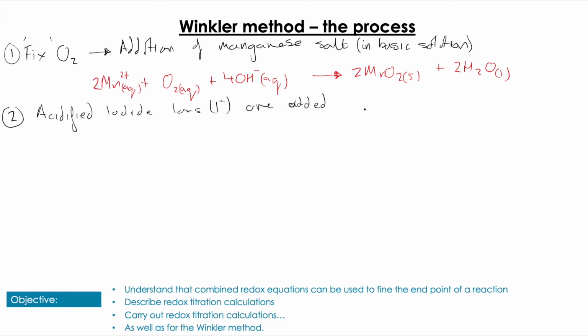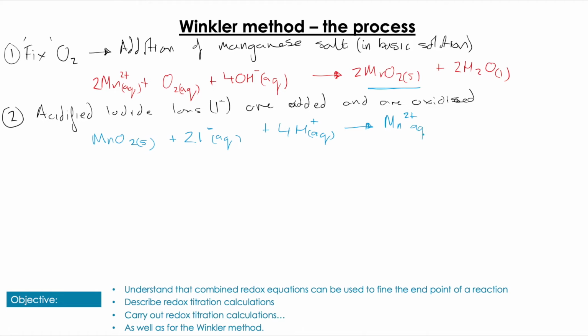So now we have a solid precipitate in the form of MnO2. We're going to add acidified iodide ions. And what these are going to do is react with the MnO2, and they're going to form I2, which is of course brown in aqueous solution. And it's this that we're going to look at in the final step and carry out our titration to be able to work out the concentration.